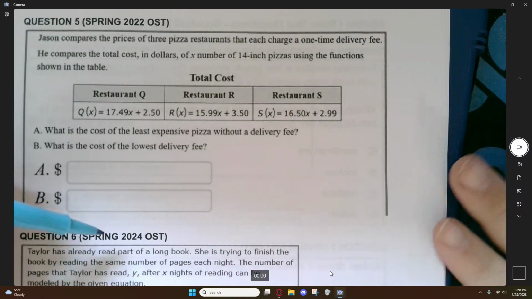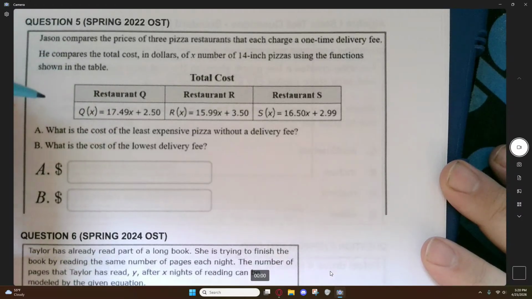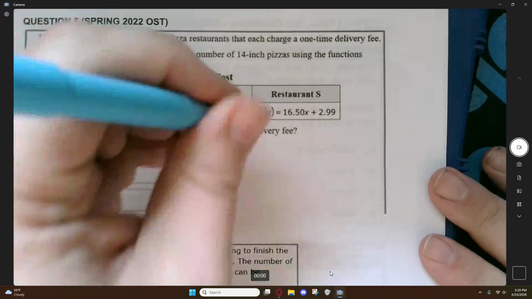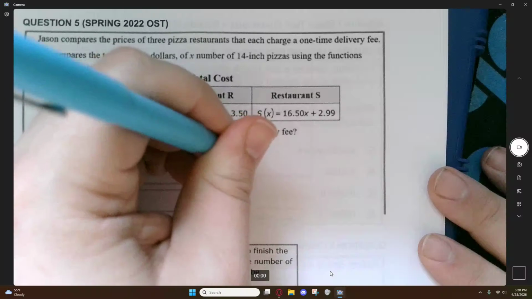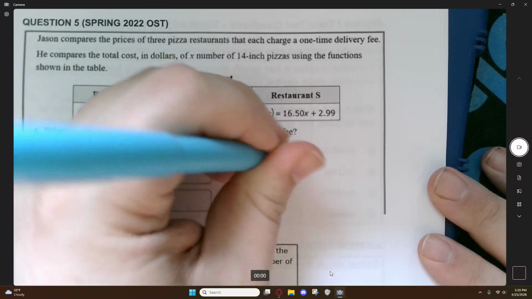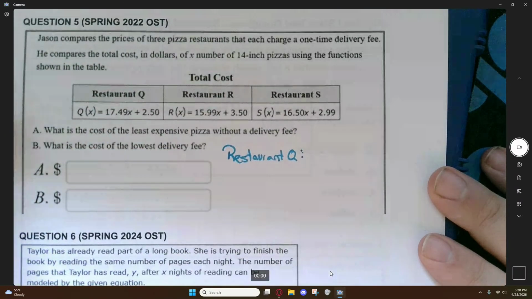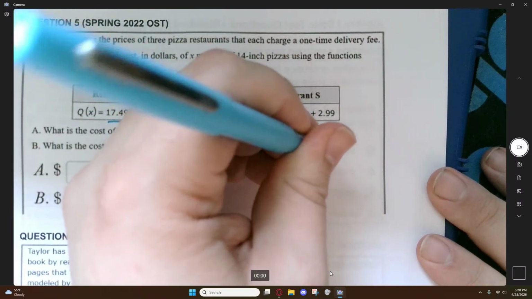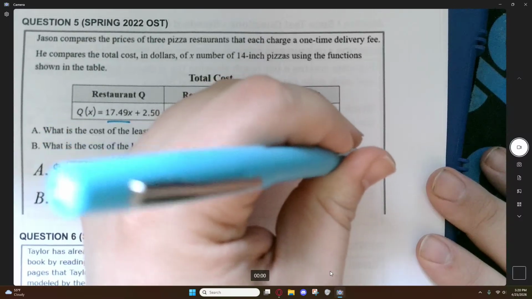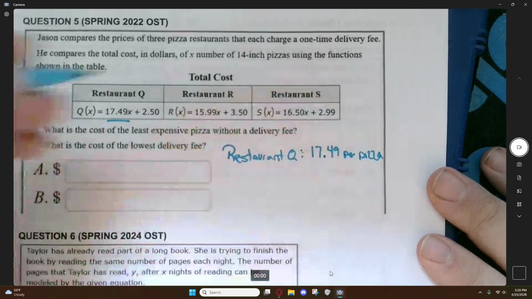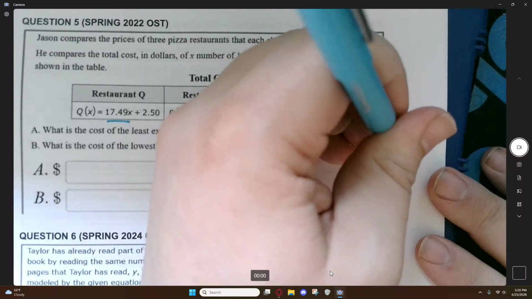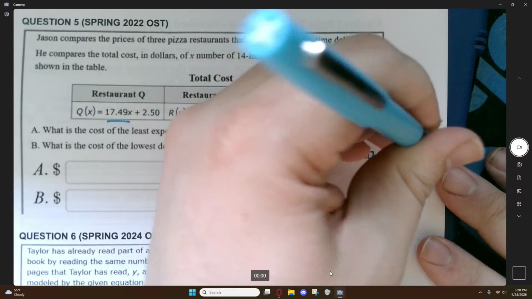So, first we have to identify what this means. In restaurant Q, if we break this down, $17.49 means that they charge $17.49 per pizza plus $2.50 for delivery.